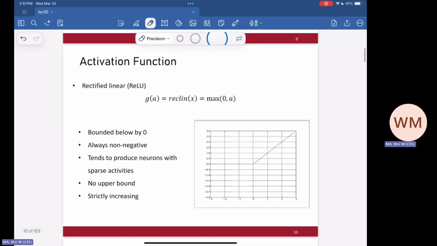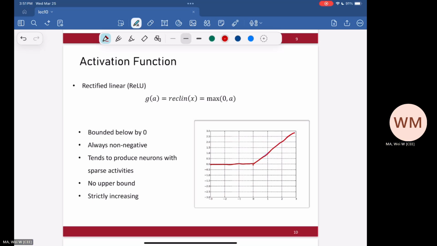There's another one that is very widely used in modern neural networks, called ReLU, the rectified linear unit. This one is very simple. It just takes the maximum of 0 and a. The output looks like this: if the input is positive, it's linear, and if it's negative, it's 0.